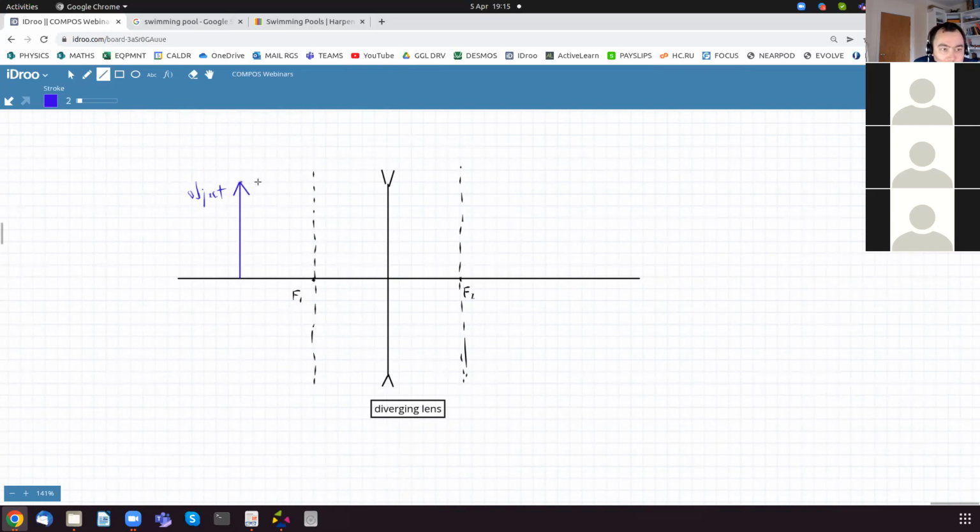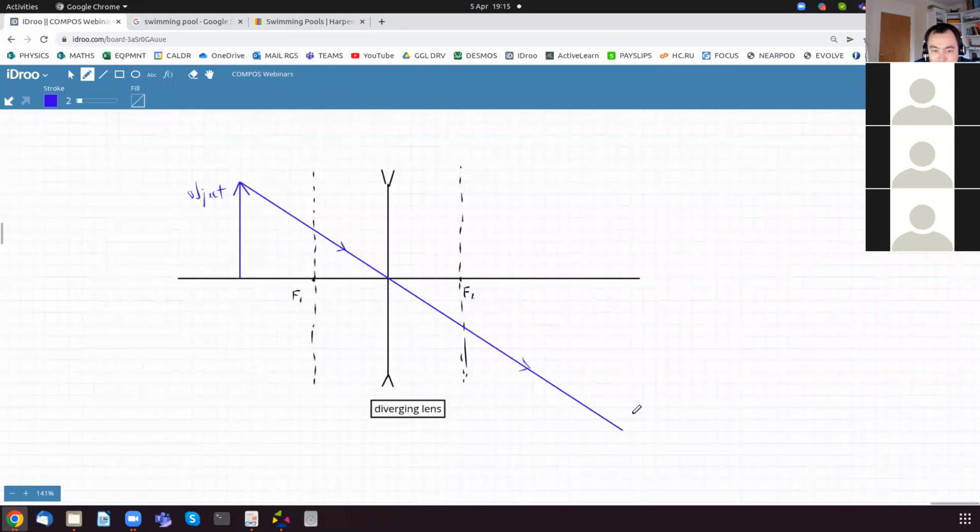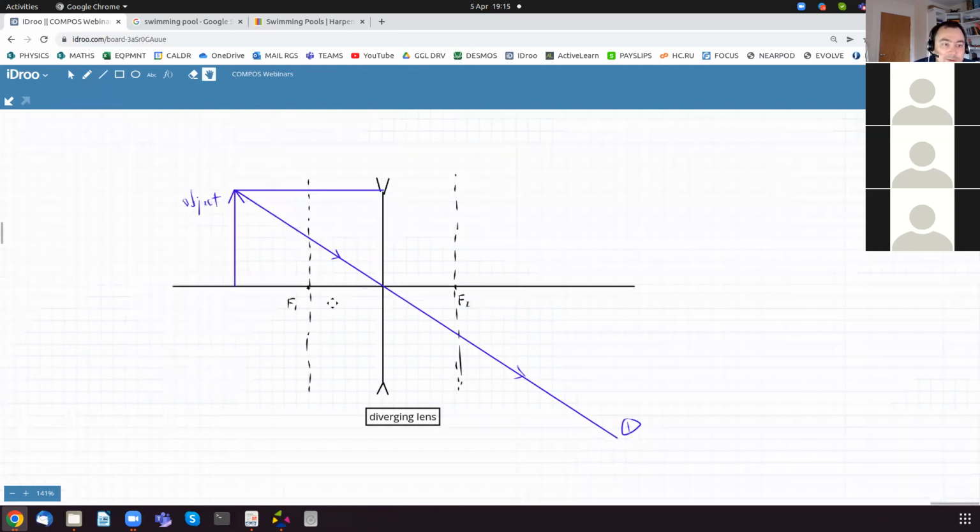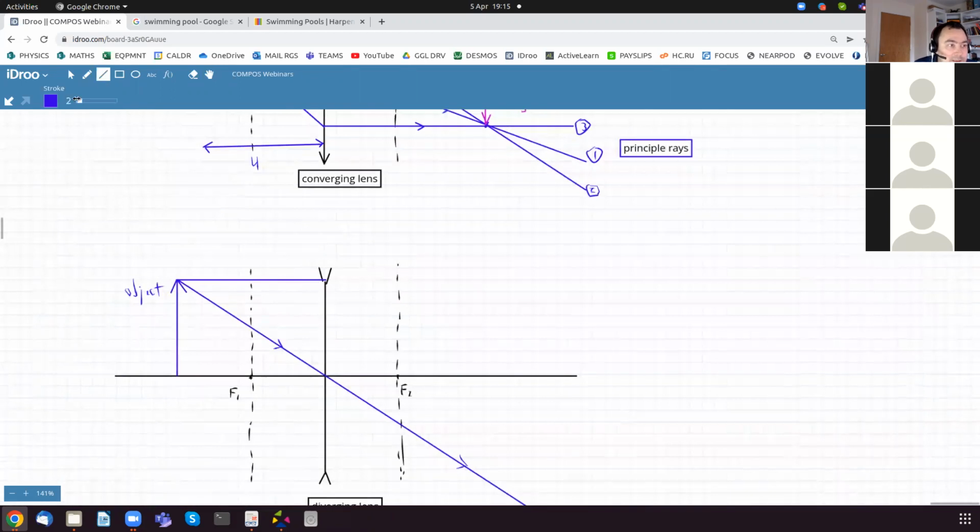The first ray goes through the center of the lens unrefracted, always. That's the first principal ray. The second principal ray goes parallel, and then it doesn't bend this way, it bends the other way, as if it's coming from the focal point.